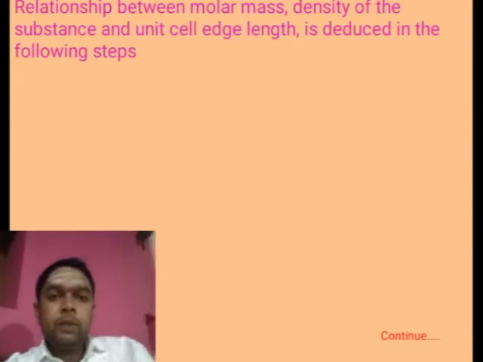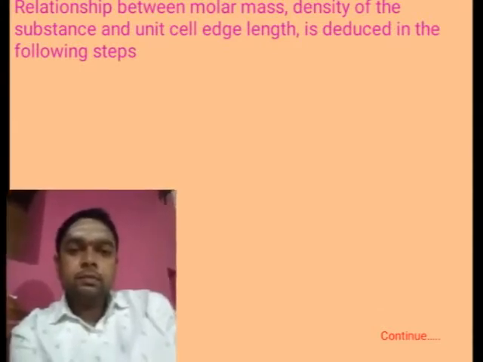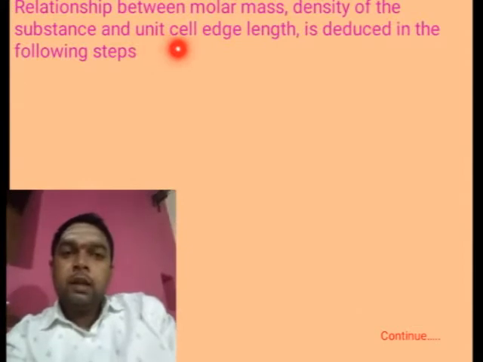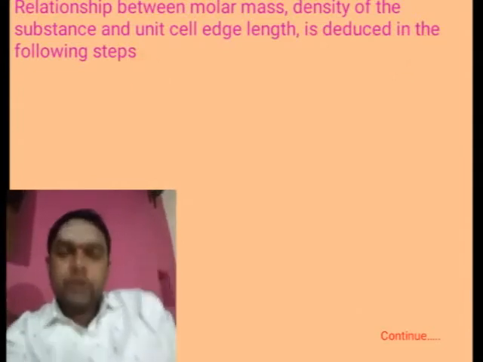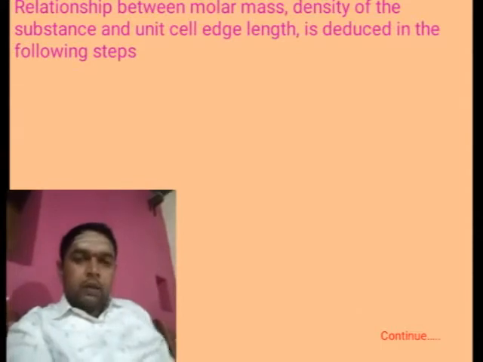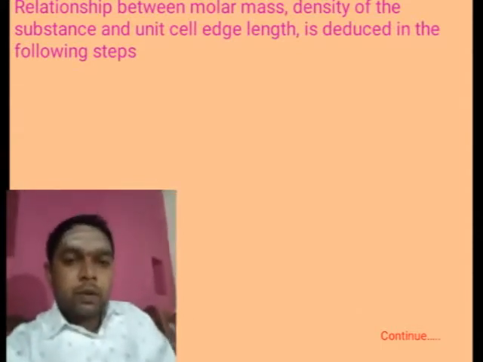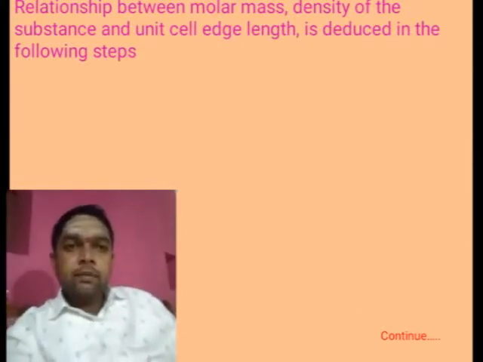Next, the relationship between molar mass, density of the substance, and the unit cell edge length is deduced in the following steps. In the solid state, the density of the unit cell is calculated. The density formula is important for numericals.